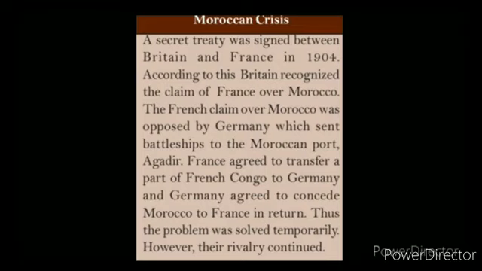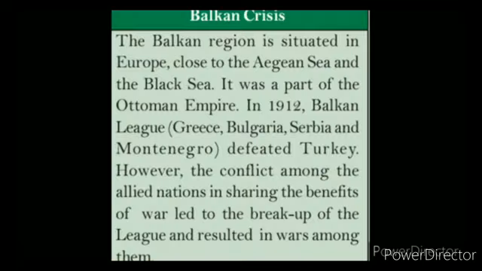The French claim over Morocco was opposed by Germany, which tried to send battleships against France. France agreed to transfer a part of French Congo to Germany, and Germany agreed to concede Morocco to France in return. Thus, the problem was solved temporarily, but the rivalry continued.